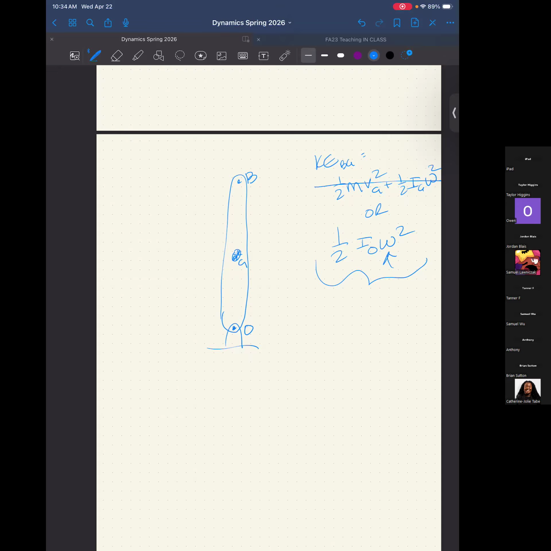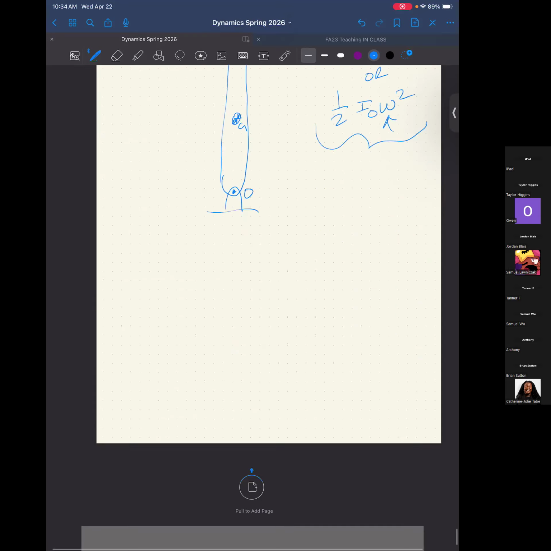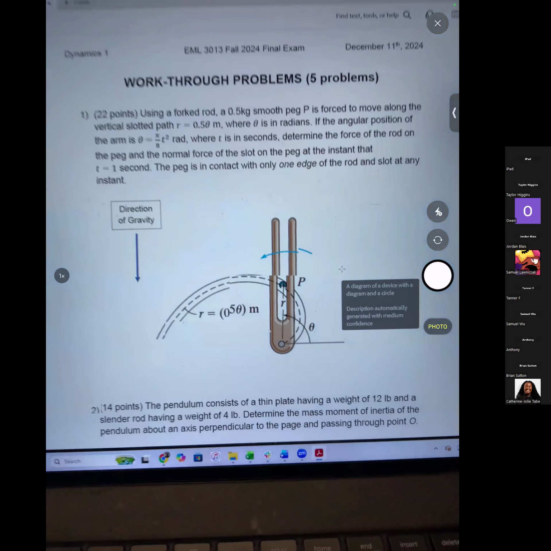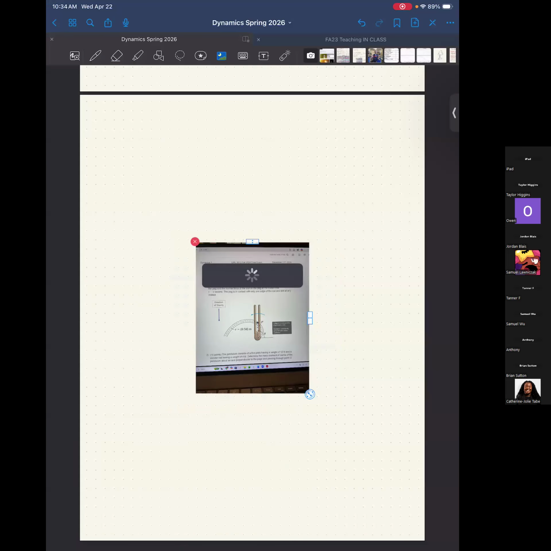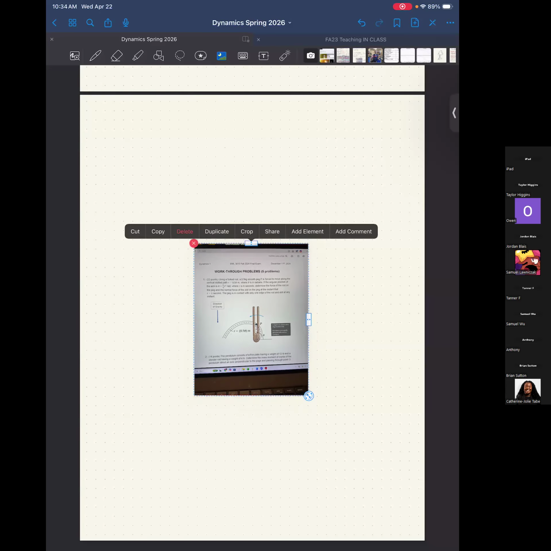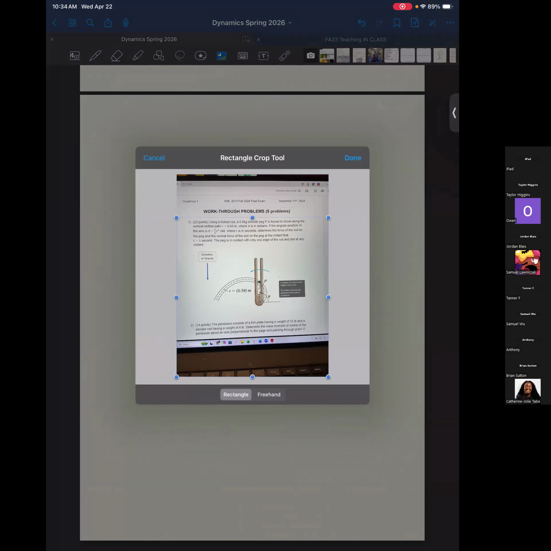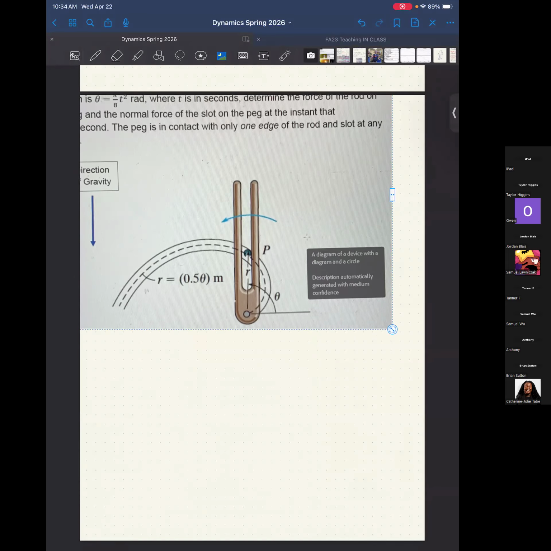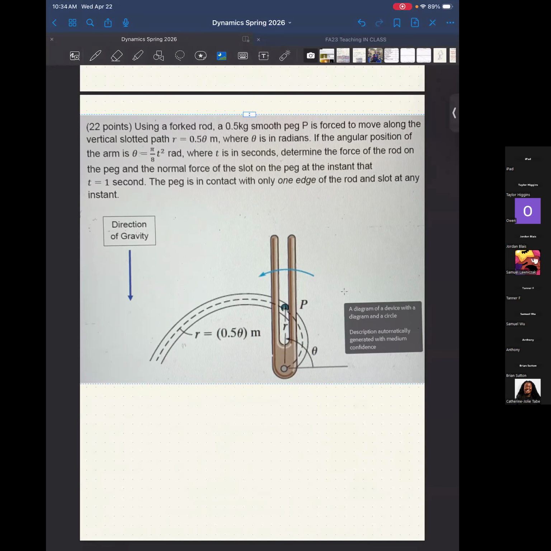The first one. Okay, so you just want to set up your coordinate systems? Okay, then I'll keep it here.